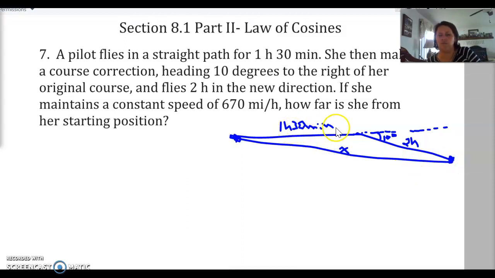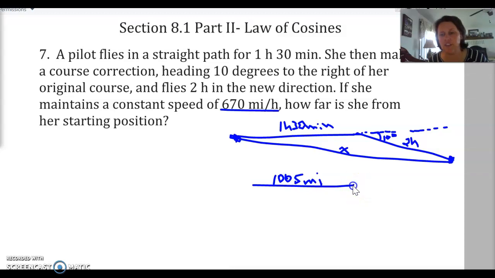Well, so far we've written everything in terms of time. Now they give us a speed. So she's flying at 670 miles per hour. So we can go back and figure out what this triangle is going to be in terms of distance. Okay, so I took 670 and multiplied it by 1.5, and that was 1,005 miles.